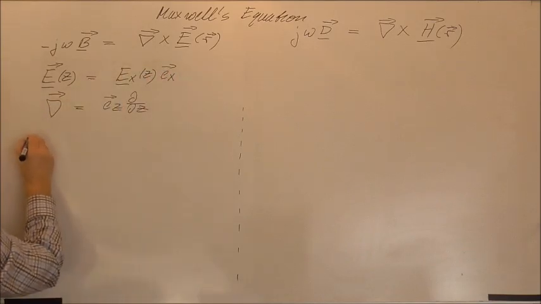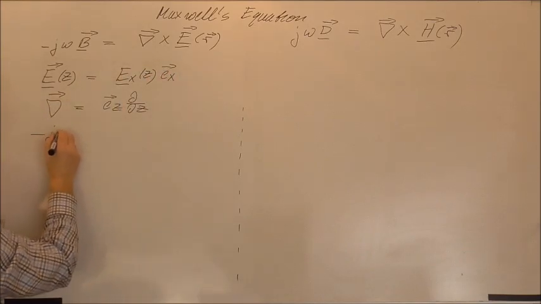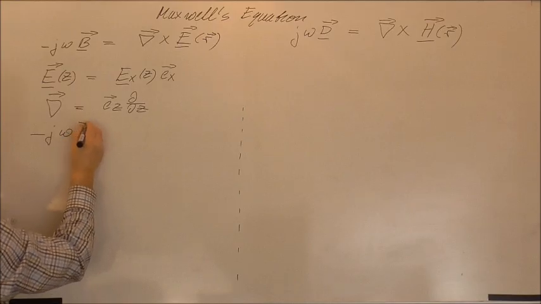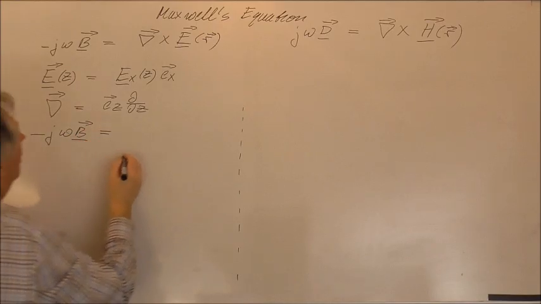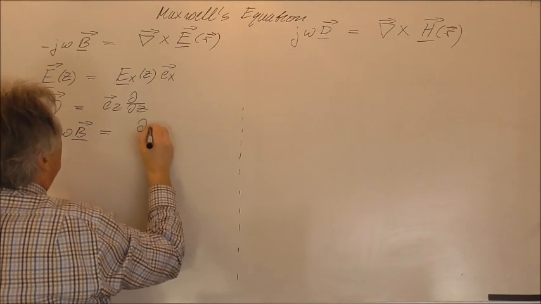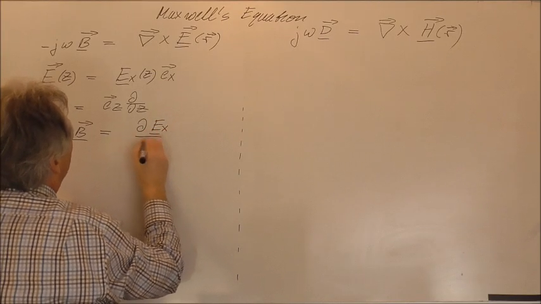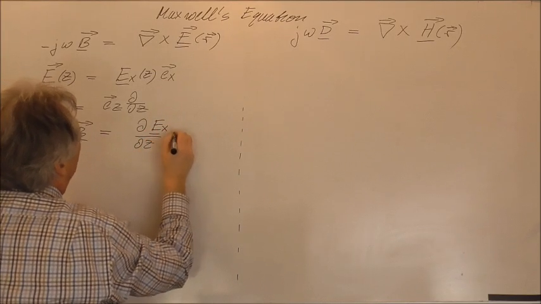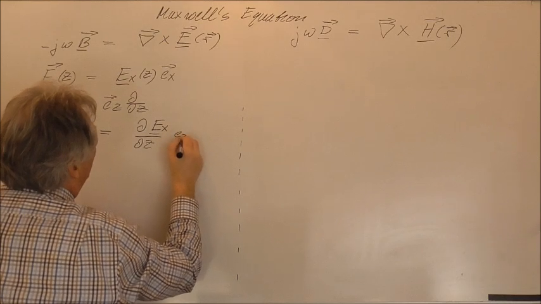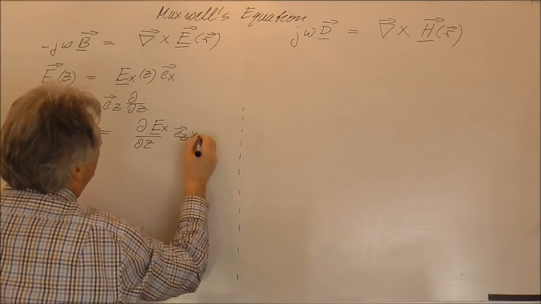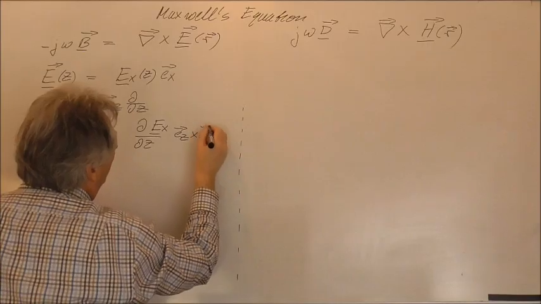So we will have minus j omega B will be the derivation of Ex with respect to z, and here Ez cross Ex.